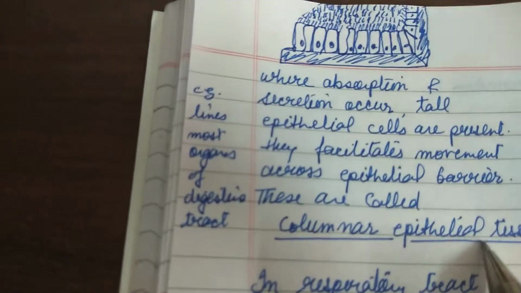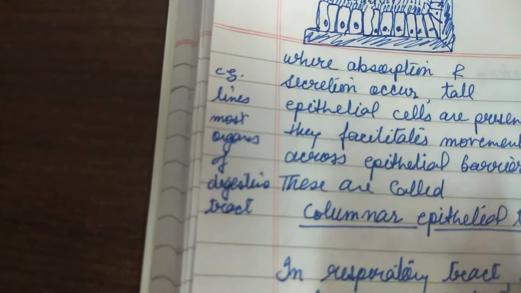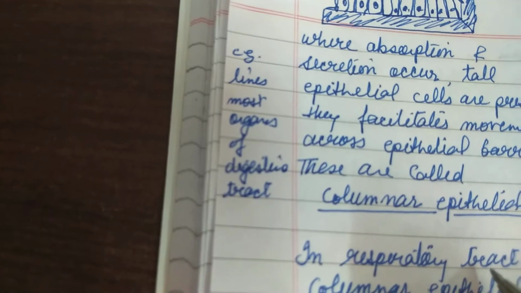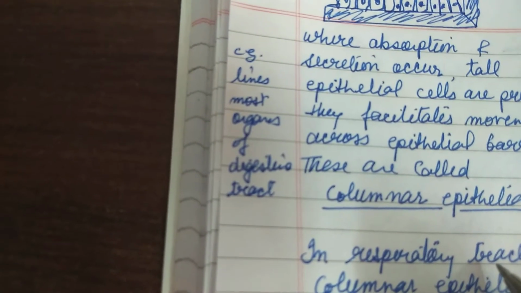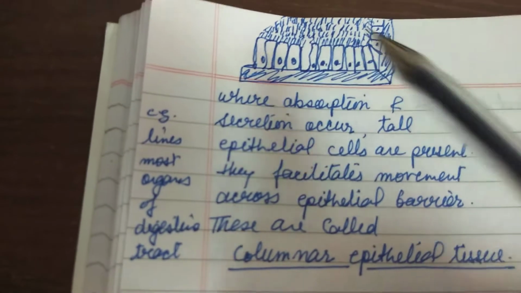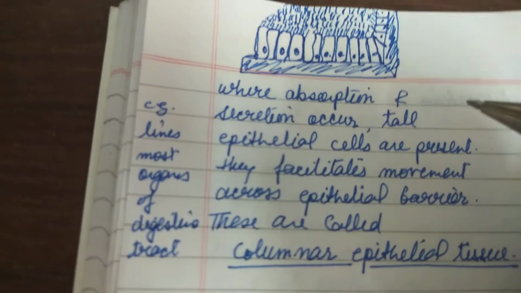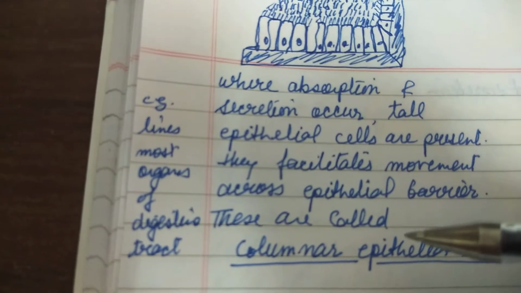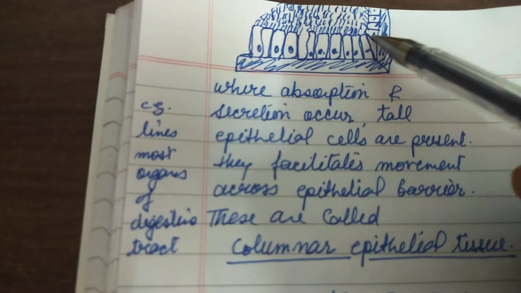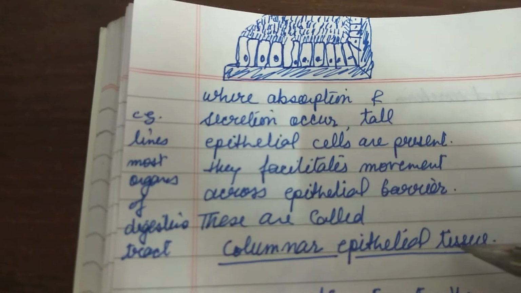Their role is in absorption and secretion, and they are present mostly in the organs of the digestive tract. What is the digestive tract? There is the esophagus, stomach, small intestine, large intestine. Everywhere these columnar epithelium cells line the stomach, small intestine, large intestine and esophagus. These are called columnar epithelial tissues.